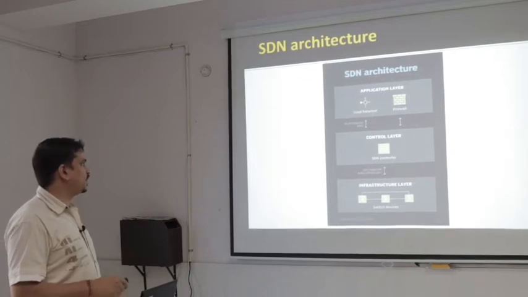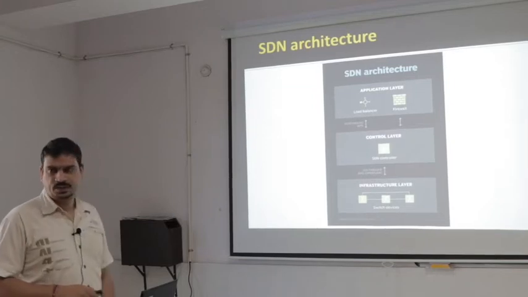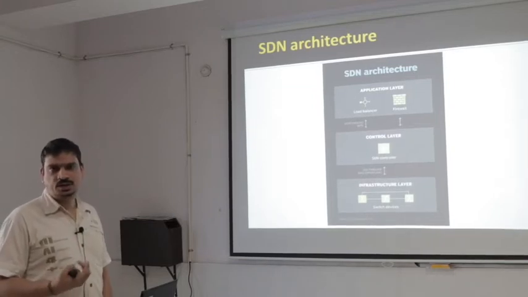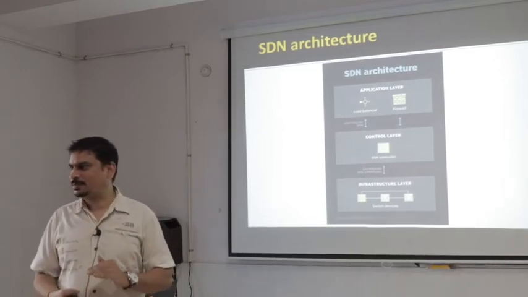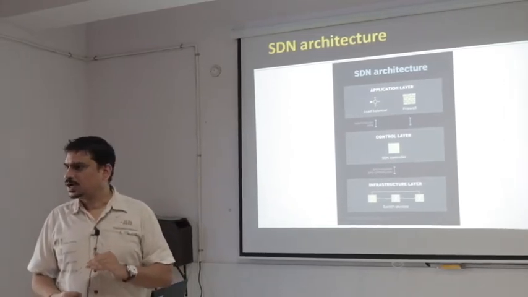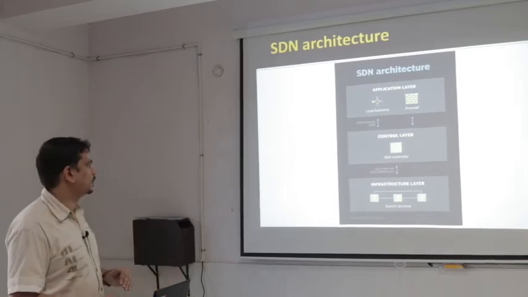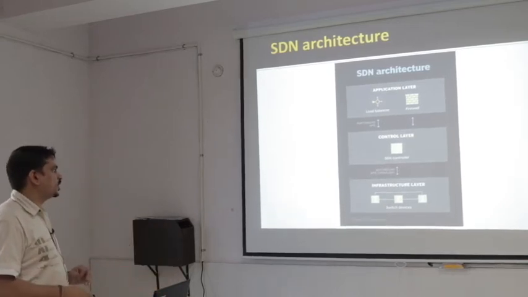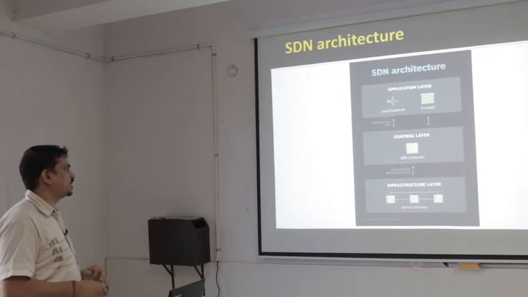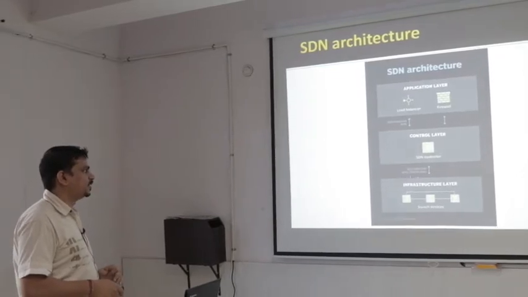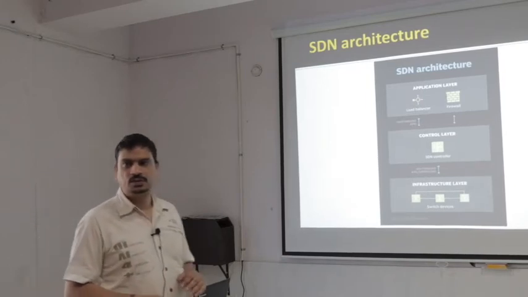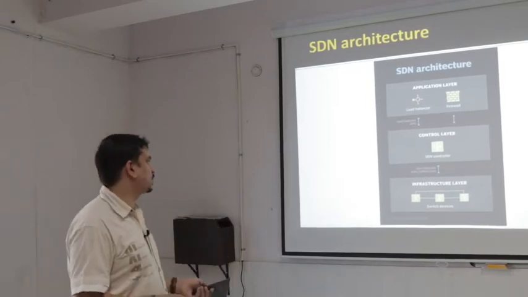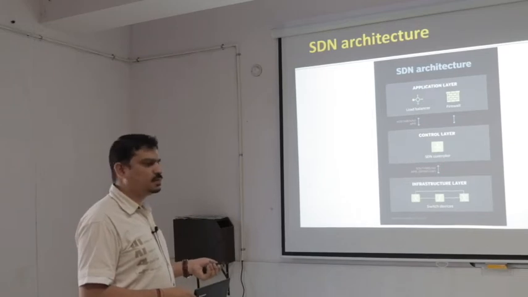Application and control layer are connected with a northbound API. Those are nothing but application program interfaces, and these are the interface between the application layer and the control layer. Next, from the control layer to the infrastructure layer, we have the southbound API, which is an OpenFlow type of interface by which these two can communicate.